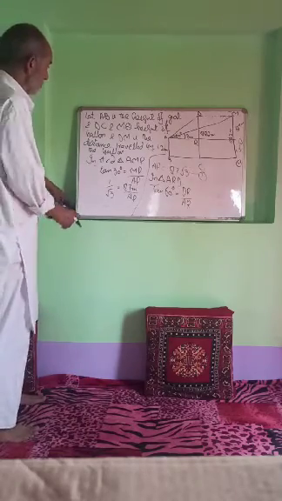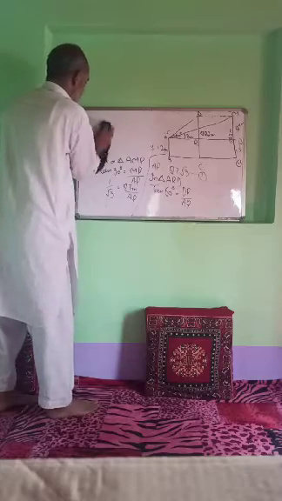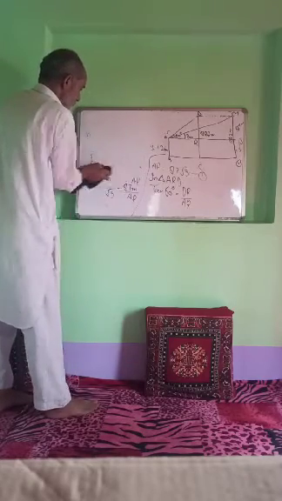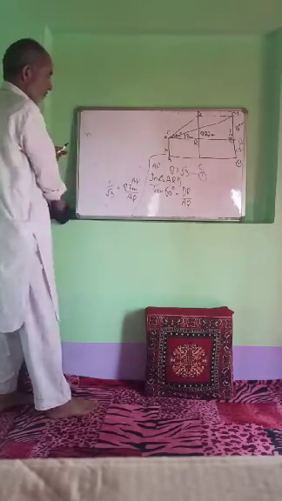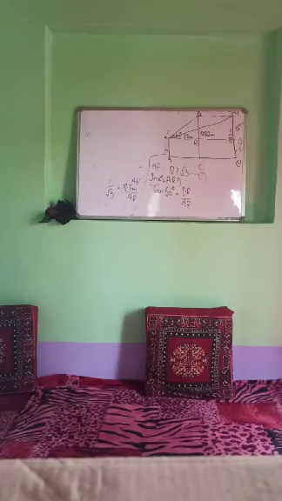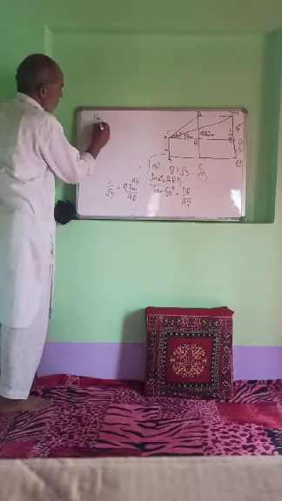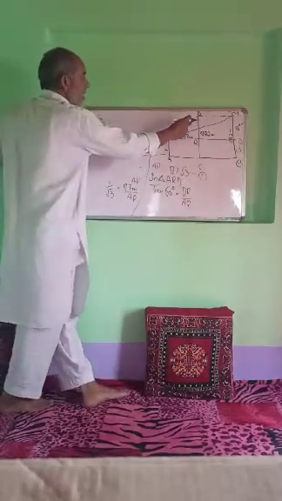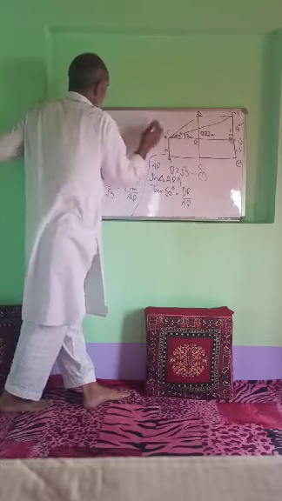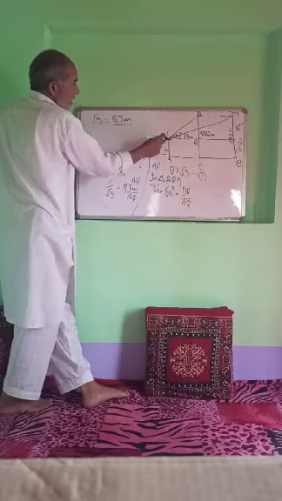So tan of 60 is root 3. Root 3 is equal to DR, DR is just like this, 87 meters divided by AR.